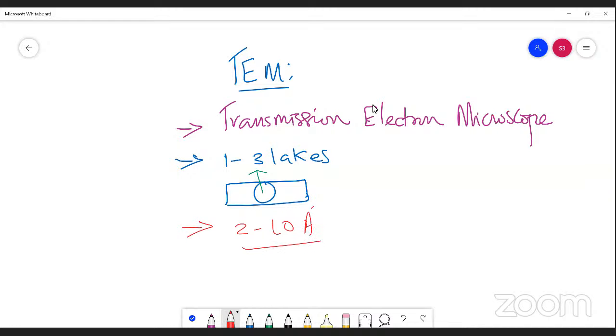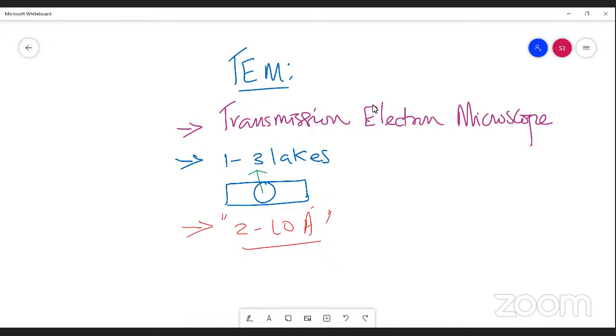Resolving power is the ability of a lens system, which is fixed on the microscope, to resolve and show the natural size of the image. That is the resolving power, right? So the resolving power is 2 to 10 angstrom. That is very important, right?